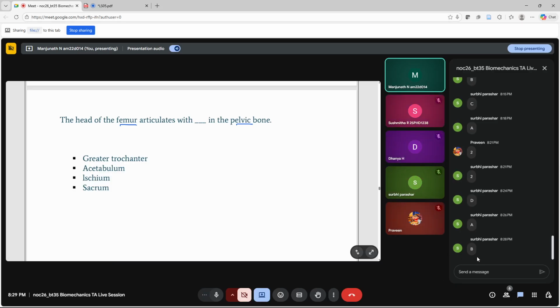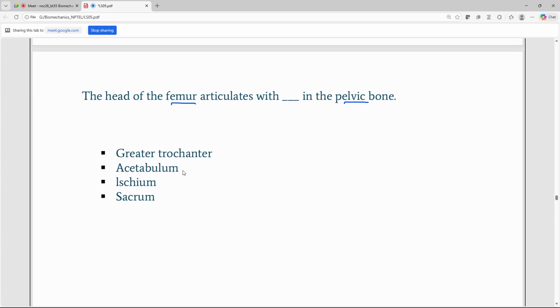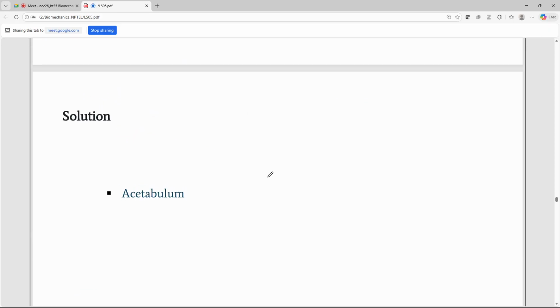Answer is option B, that is the acetabulum. Acetabulum is the depression or socket-like structure in the pelvic bone, and the head of femur articulates with that socket called acetabulum.